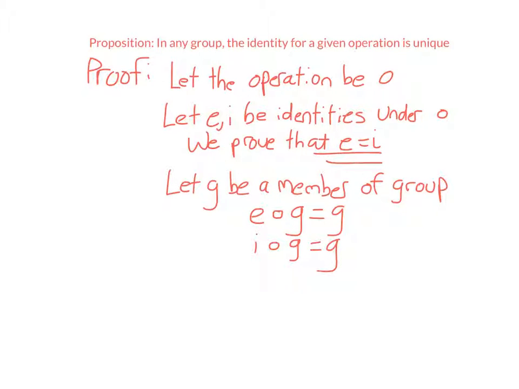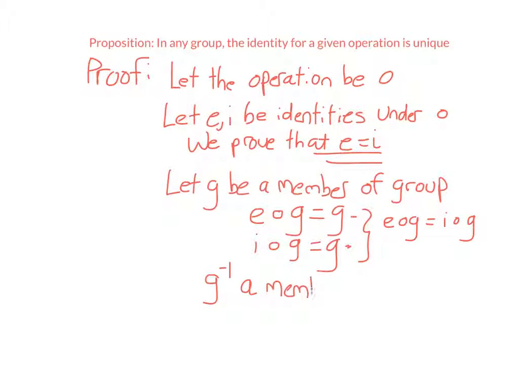So what this actually means is, because these are equal, I have that E operated on G is the same as I operated on G. But because this is a group, and this is where I rely on the fact that it's a group, if G is a member of the group, so too is G inverse.